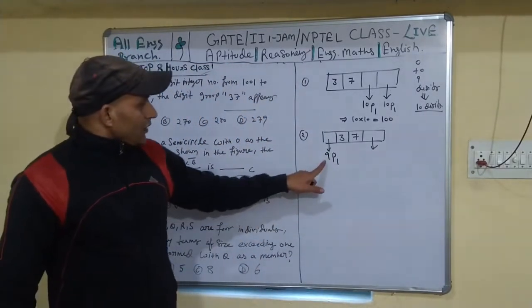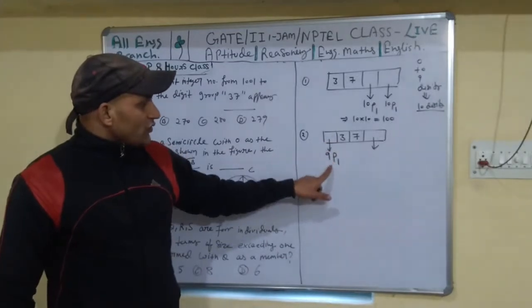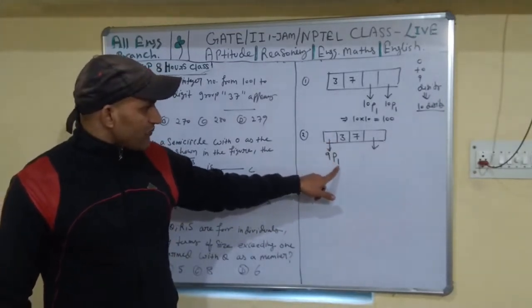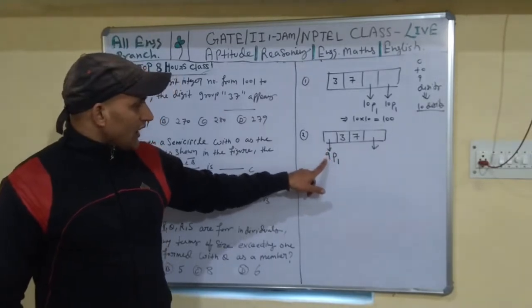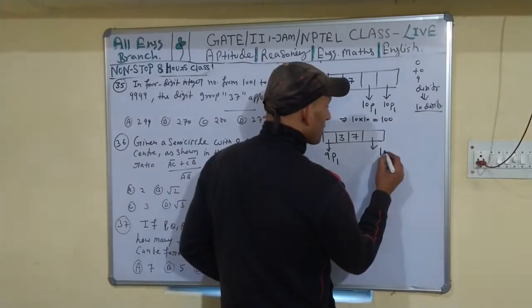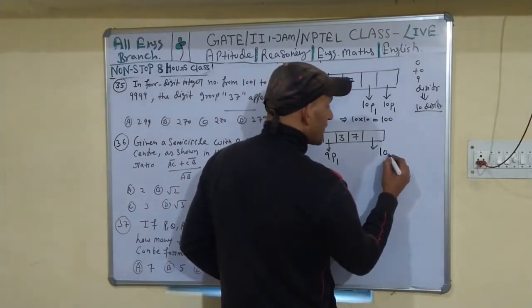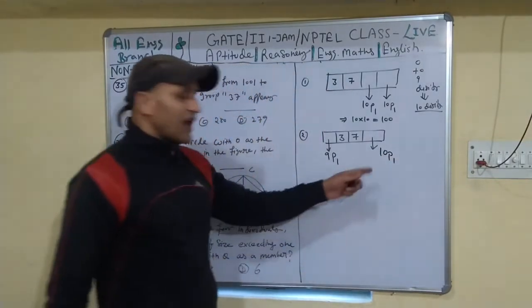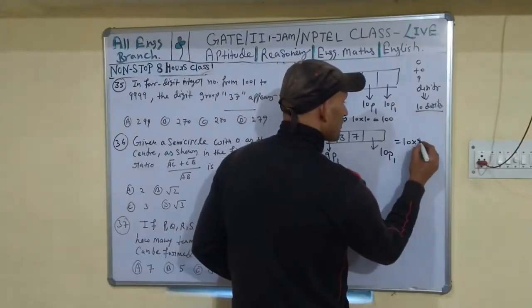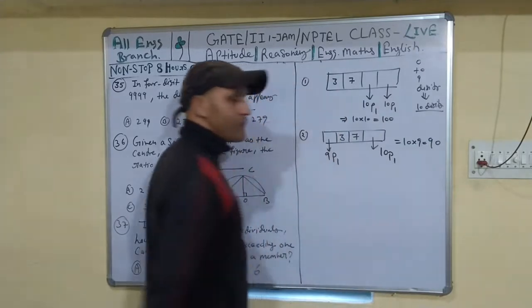Permutation means arranging: you are arranging any one number from 9 digits. Similarly here there are 10 digits, and you take any one. So total cases are 10 into 9 equal to 90.